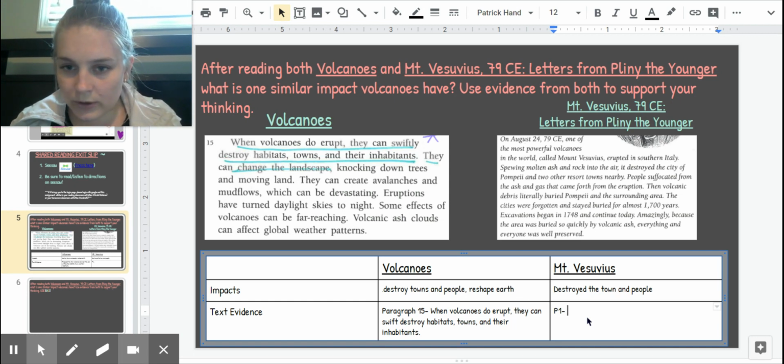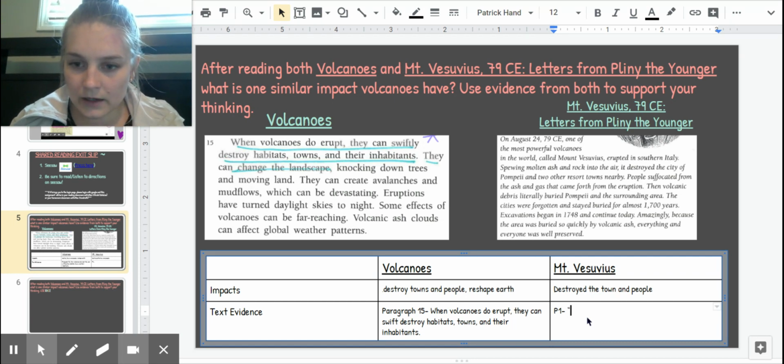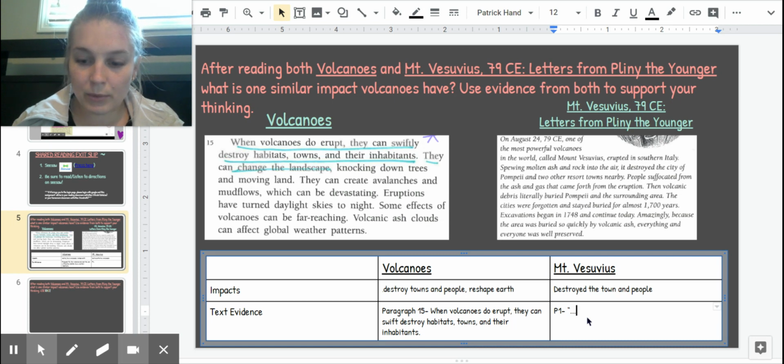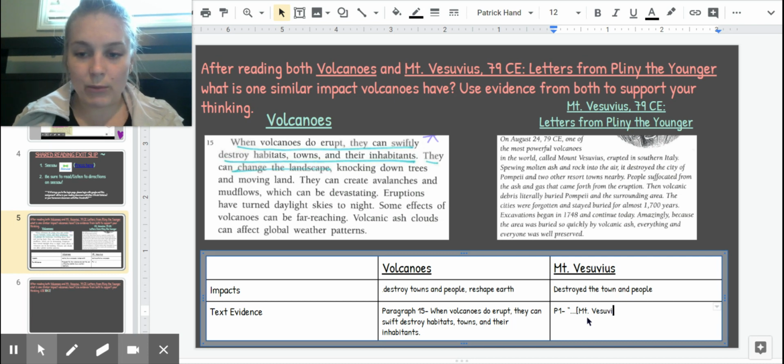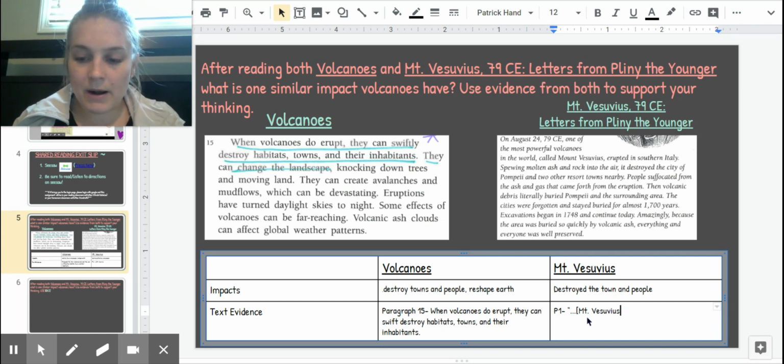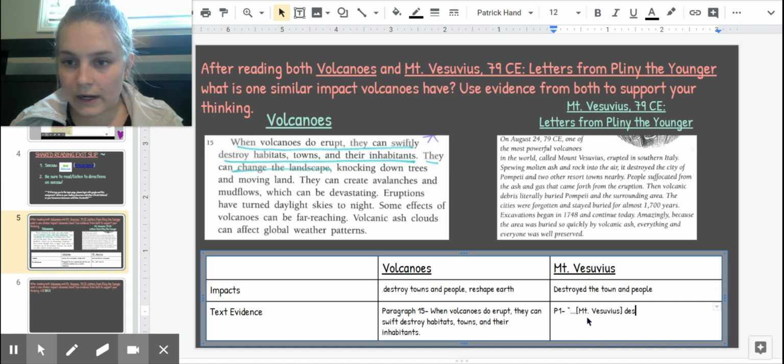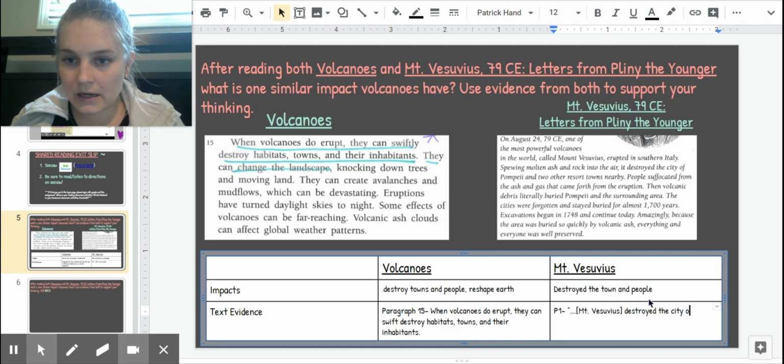I'm not going to use the whole sentence. I'm going to do dot, dot, dot in parentheses since it doesn't exactly say it, but I want my readers to understand when I'm writing my RRJ. Mount Vesuvius destroyed, I'm right here, follow my cursor, destroyed the city of Pompeii.